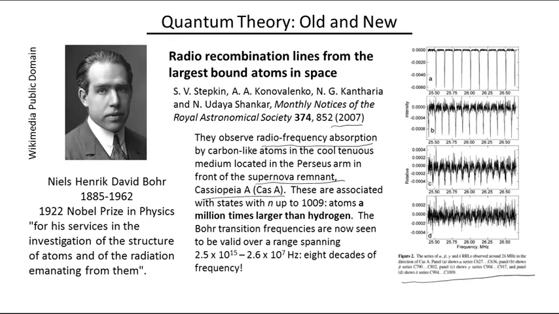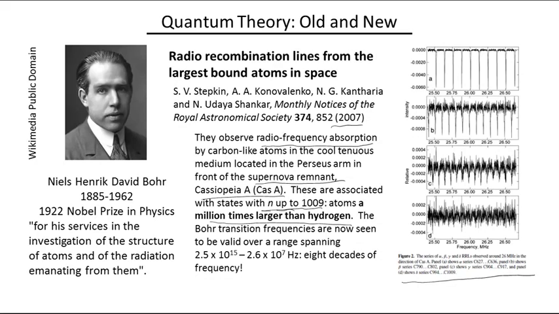But now the values of n are not of the order of 1, but range up to about 1,000. Now, if you recall, the radius in the Bohr model goes as the square of the principal quantum number. So these are atoms that are 1 million times larger than hydrogen. They're the size of bacteria.